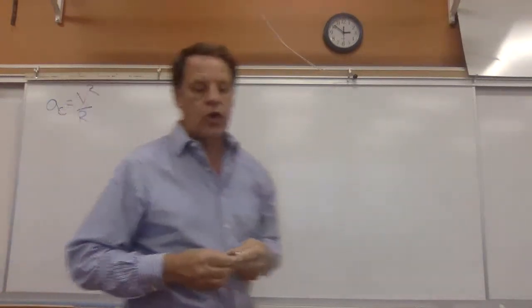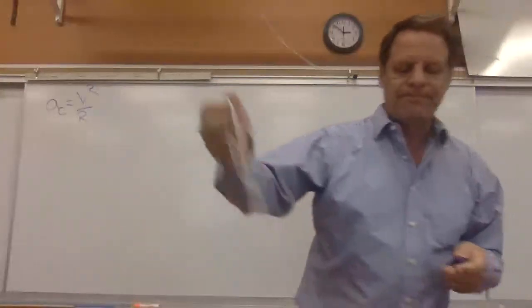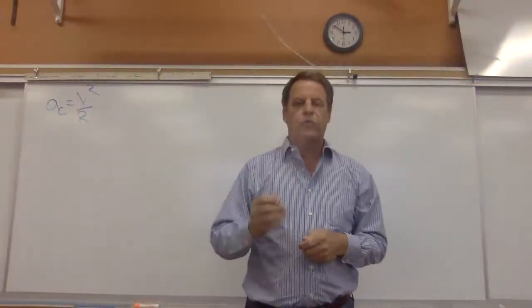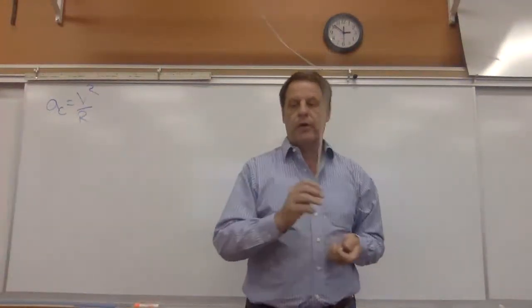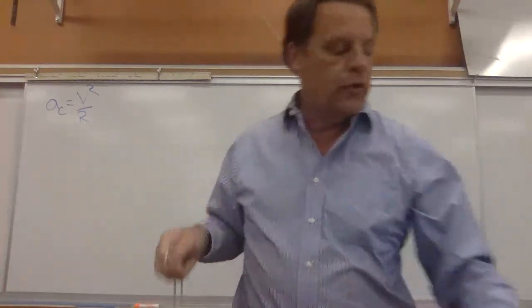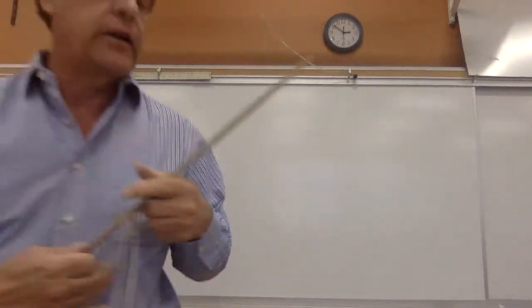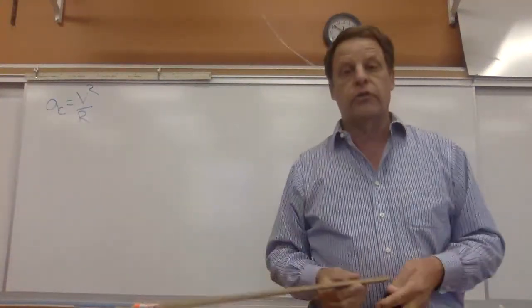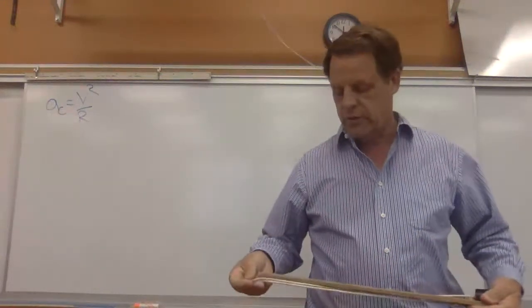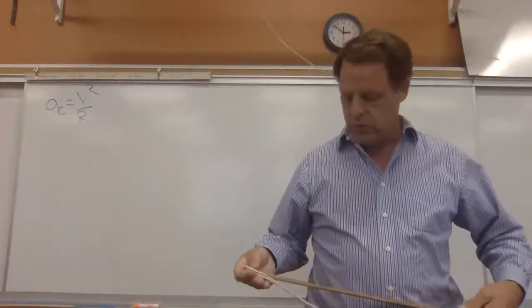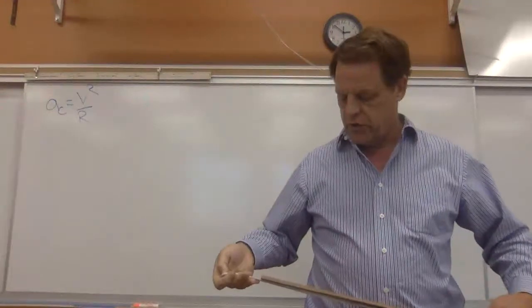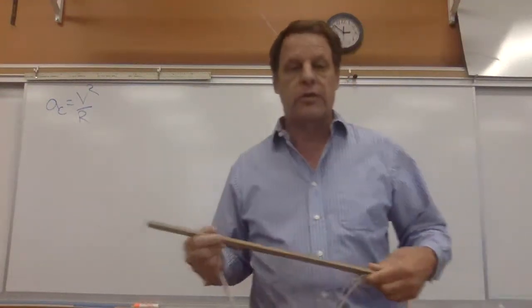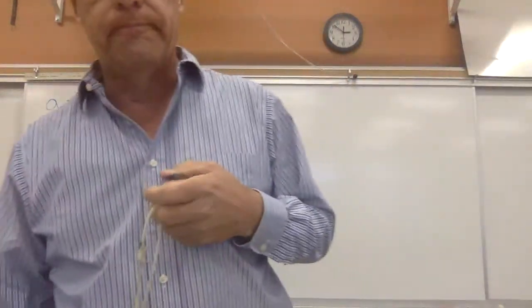As we discussed in uniform circular motion, we are going to have a centripetal acceleration that is equal to v squared over r. So if I have this one right here going around, and I, for example, want to calculate what its centripetal acceleration is, I'm going to measure this, and it is going to be 60 centimeters long.